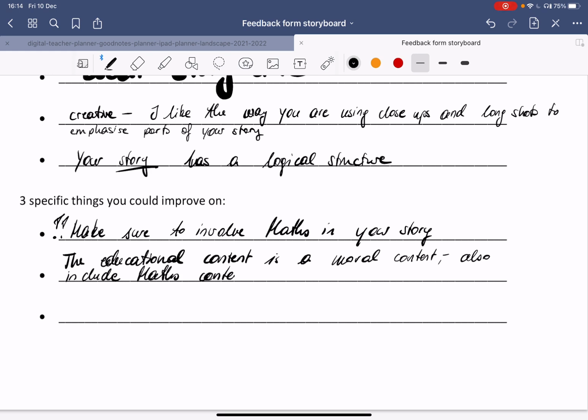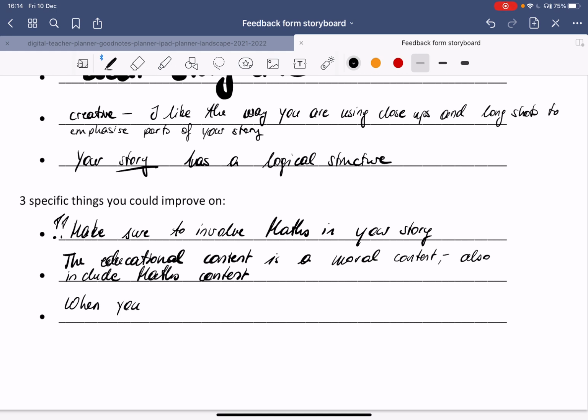And finally, I would suggest that when you do the math, make sure to use appropriate language. So that's a suggestion for something that's not even there yet.